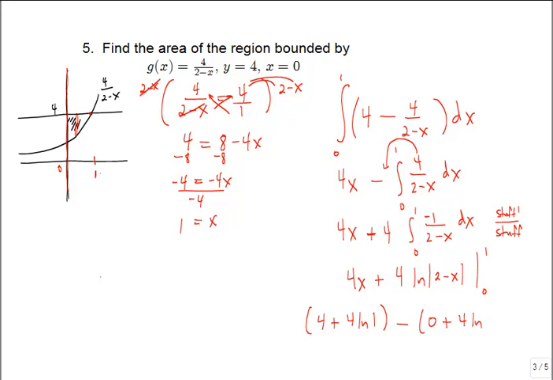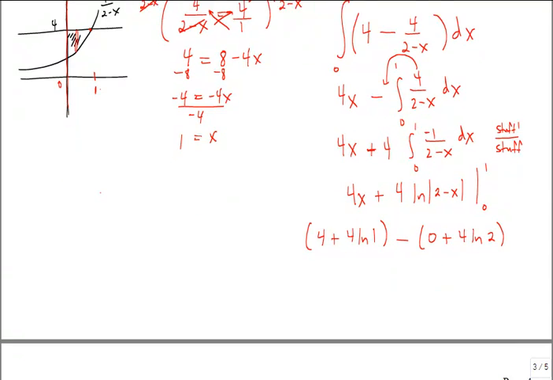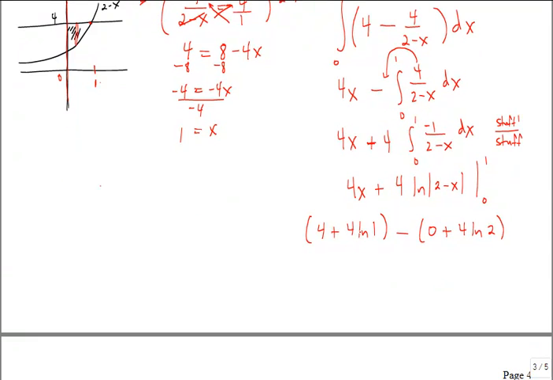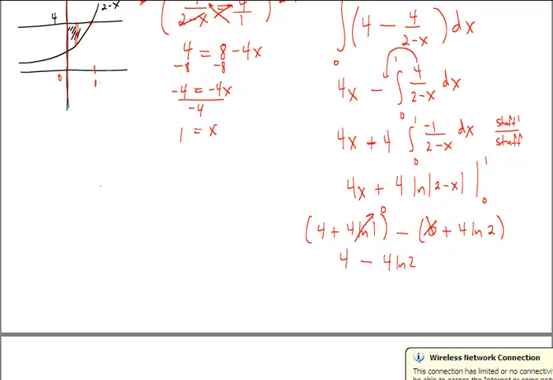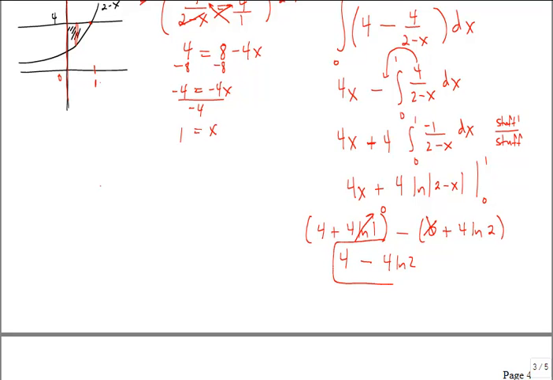The absolute value of 2 is 2, so I don't need those absolute values anymore. The ln of 1 is 0. So this gives me 4 minus, this goes away, 4 ln of 2. And my final answer here is going to be 4 minus 4 ln 2.